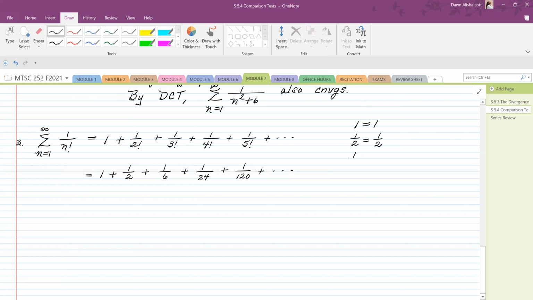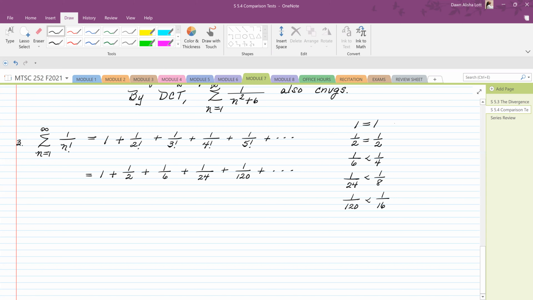But 1/6 is certainly less than 1/4. And 1/24 is certainly less than 1/8. And 1/120 is certainly less than 1/16. So each one of these terms appears to be smaller than a power of 1/2 to the n.